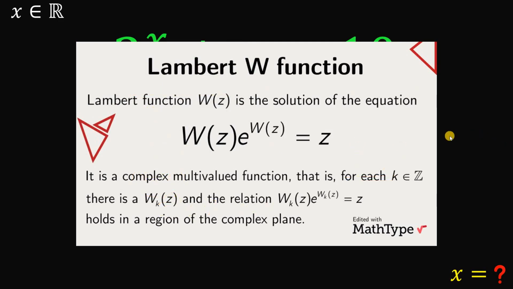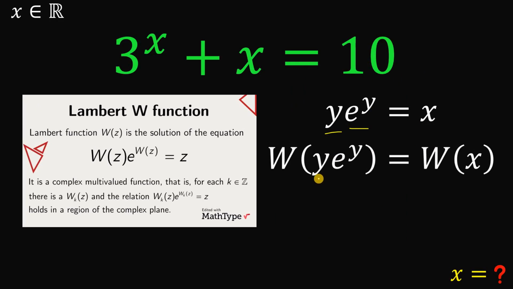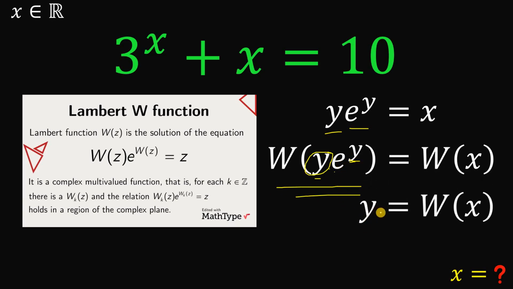To make this simple, if we have an equation y multiplied by e raised to the power of y equals x, and we take the Lambert W function on both sides, the left-hand side is just the variable y. And it makes y equals the Lambert W function of x.